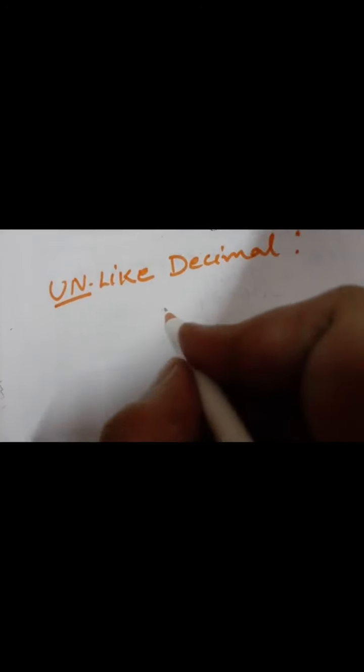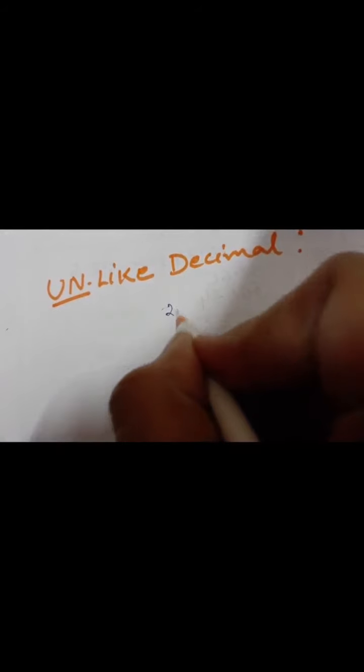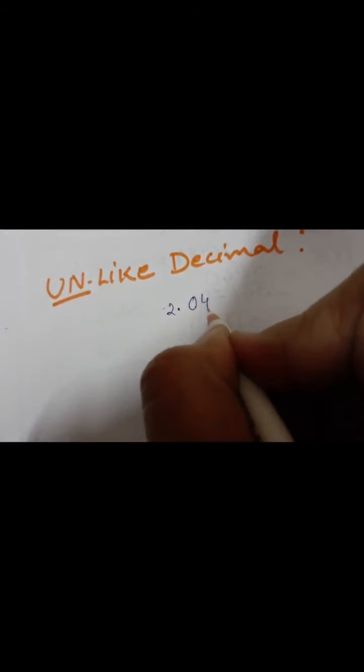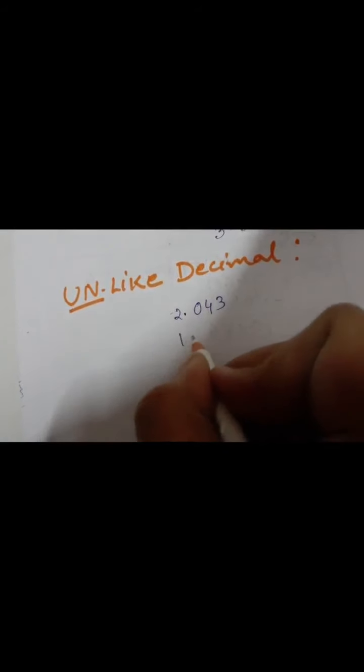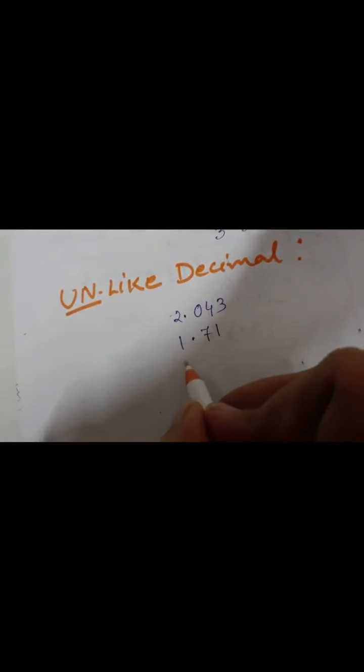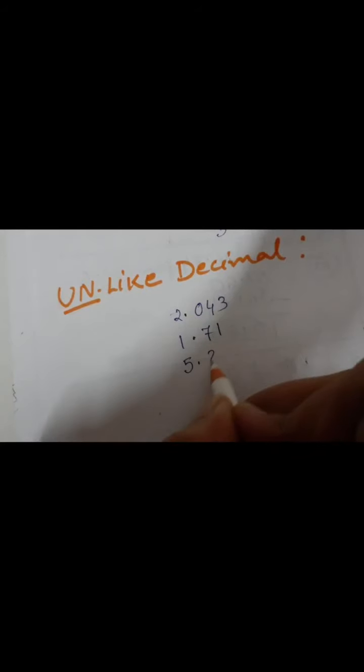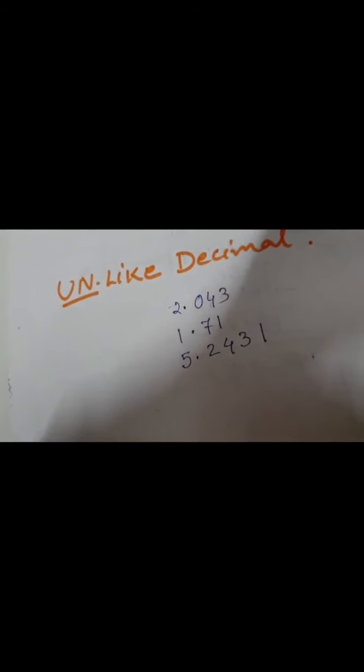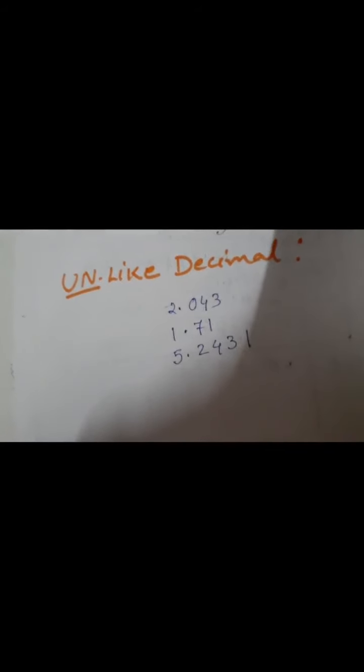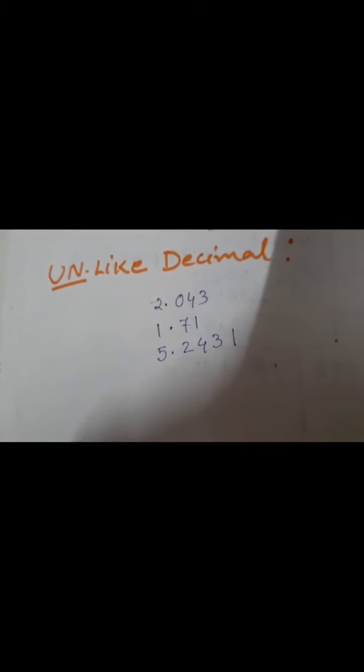Now we can similarly give an example of unlike decimals. Unlike decimals, we can write 2.043. Next one we can write 1.71. Another one we can write 5.2431. Now students, you can see the first is 2.043, so 3 decimal places are there. The second one is 1.71, that means 2 decimal places.